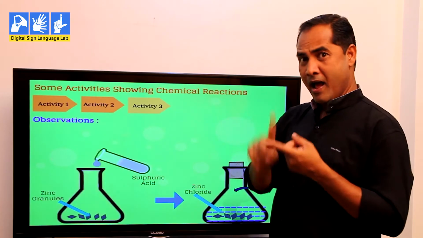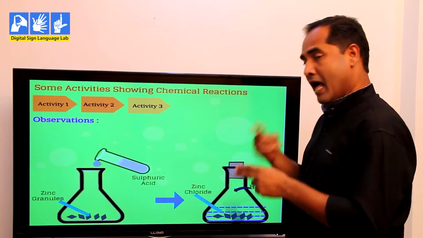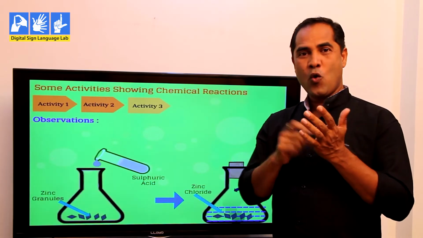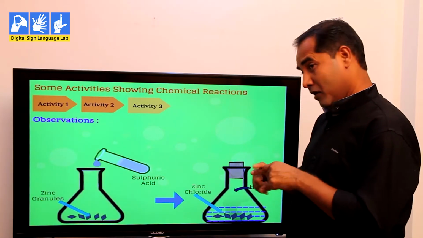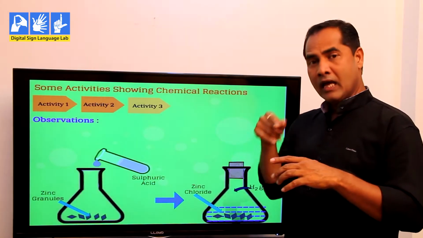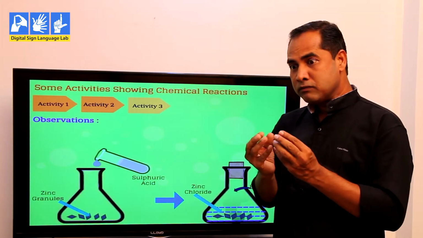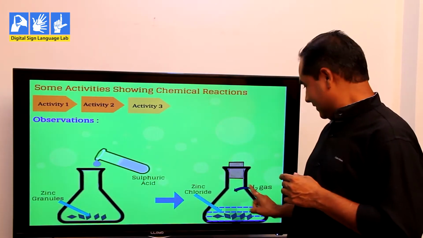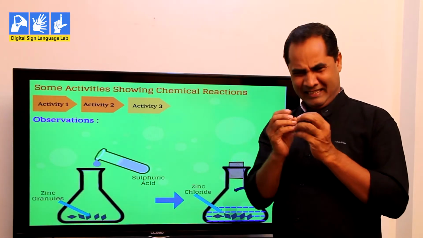After you add sulfuric acid to zinc, it changes into zinc sulfate plus a chemical reaction occurs and hydrogen gas is emitted.